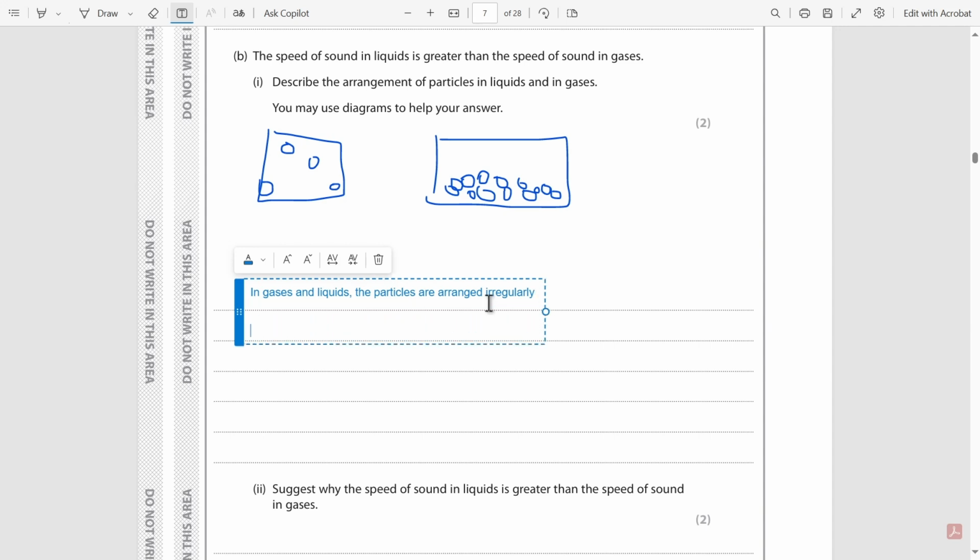Then you can say particles in a gas, guys, are further apart than in liquids, and then put in brackets free to move.